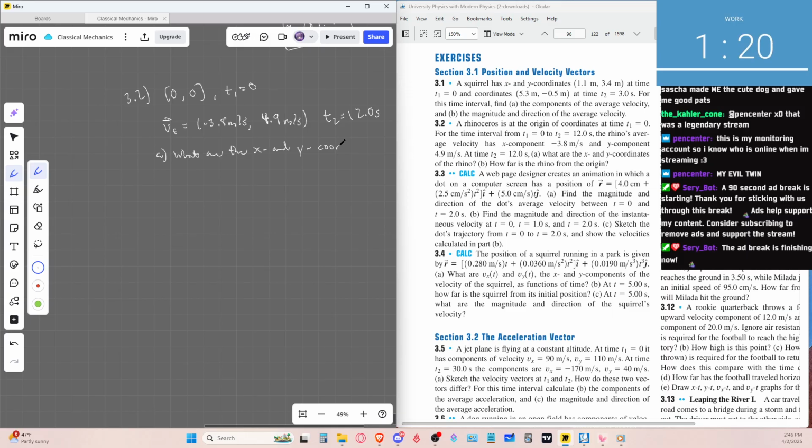Coordinates of the rhino, and B, how far is the rhino from the origin?